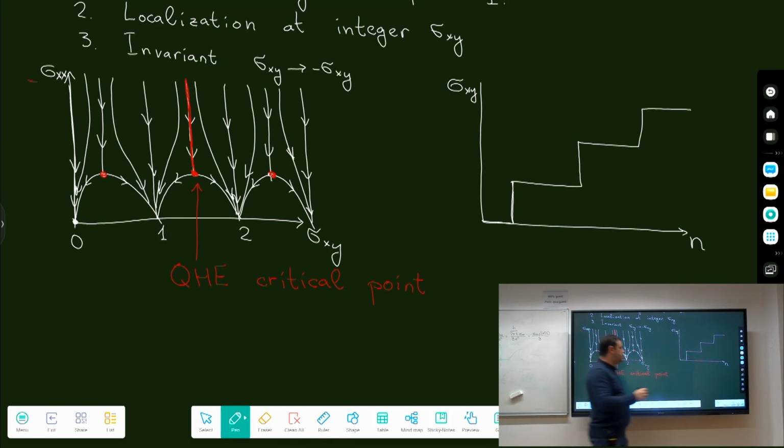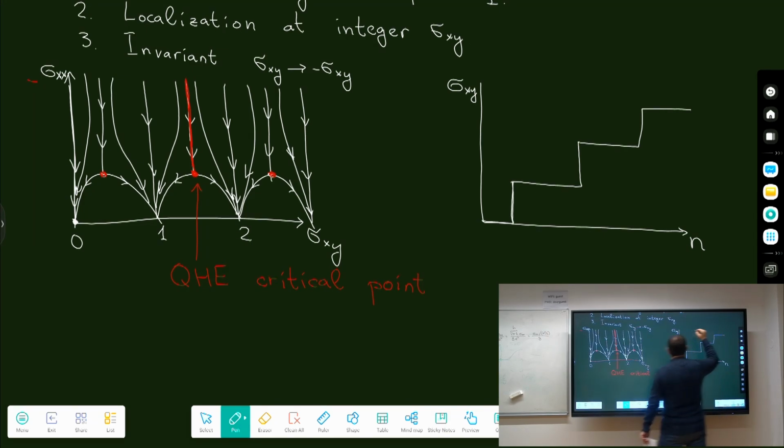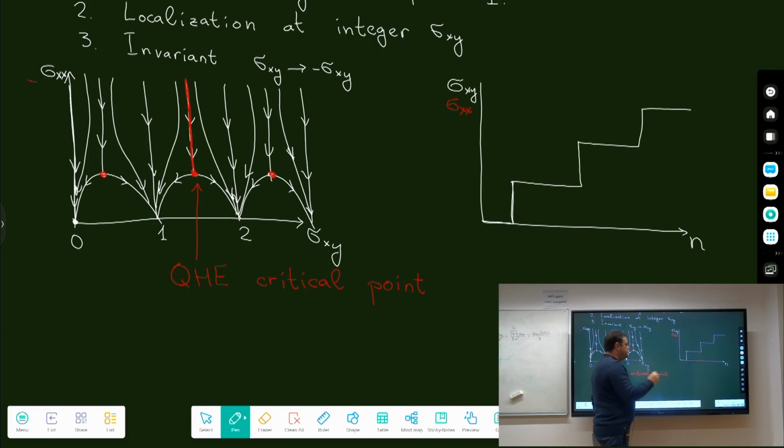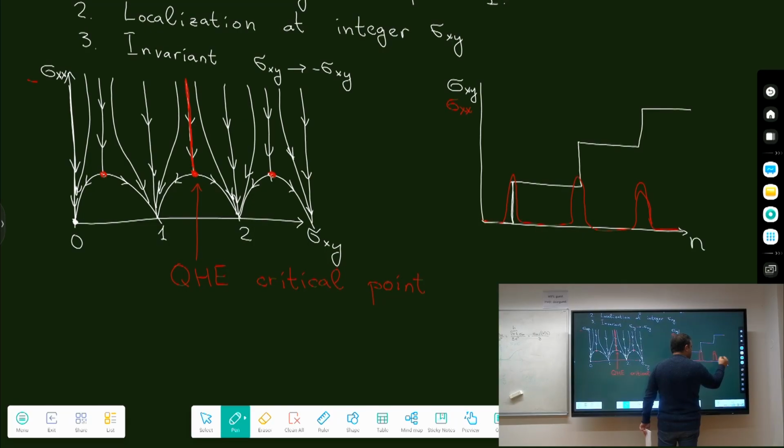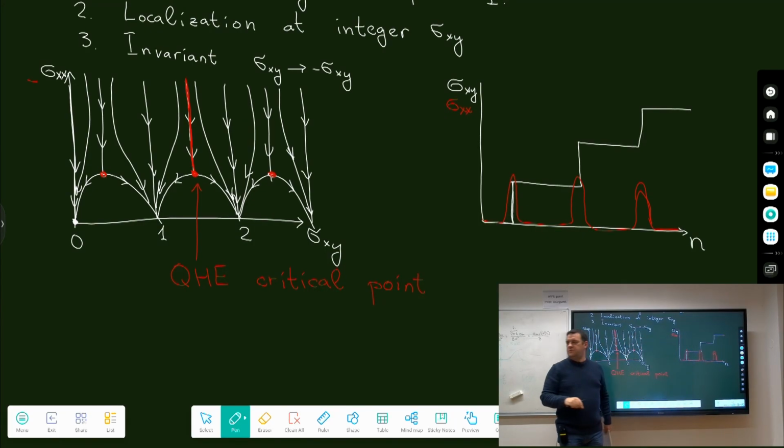Why is it an insulator? Because I should also draw here sigma xx. Sigma xx is the red curve, and sigma xx looks like this. It's 0, and then it has a peak. 0, then it has a peak. It should be the same peak. It has a peak at every transition point.